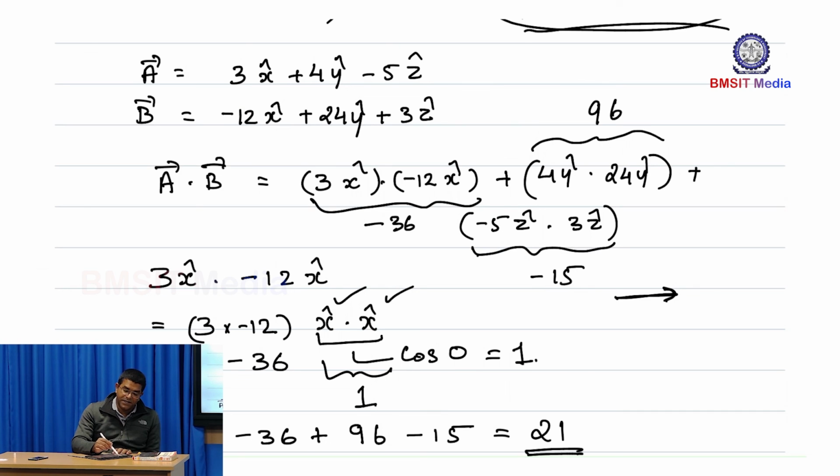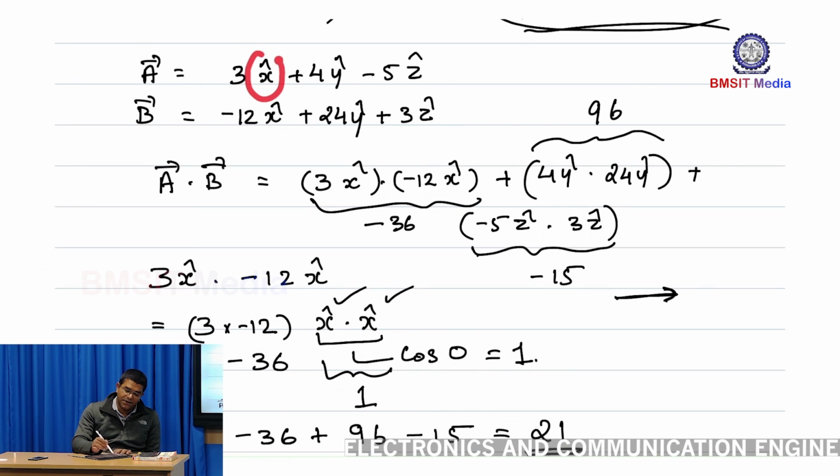But also you need to ensure that you were multiplying with this also, as well as this also. So there were 9 terms actually. But when you take the dot product of this term and this term, you will be getting the answer as 3 into 24, that is your 96.